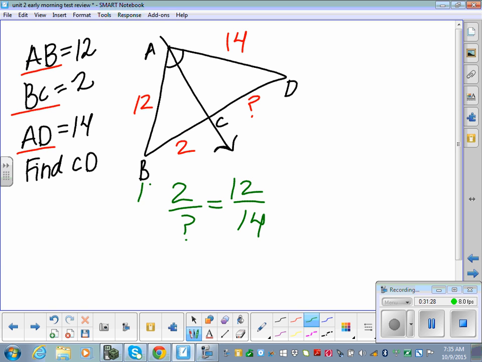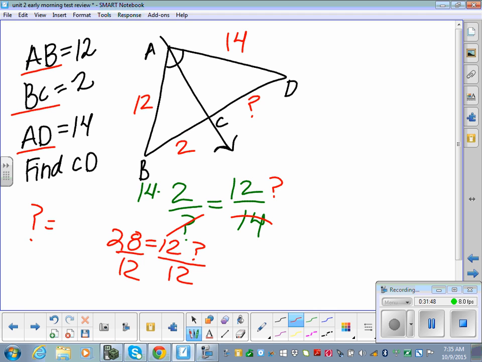So multiply both sides by 14 and also by question mark. 28 is equal to 12 question mark. Then we divide both sides by 12, so question mark is equal to 2.4.